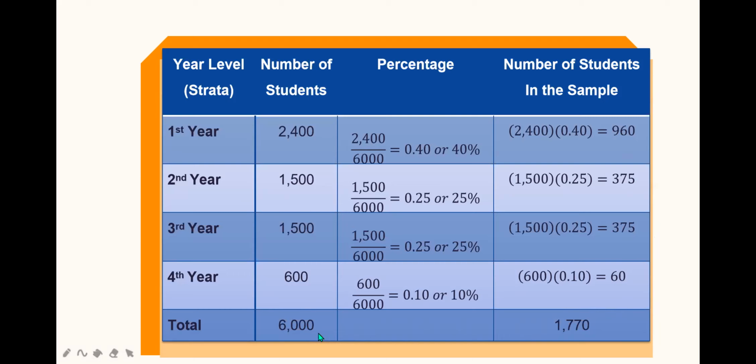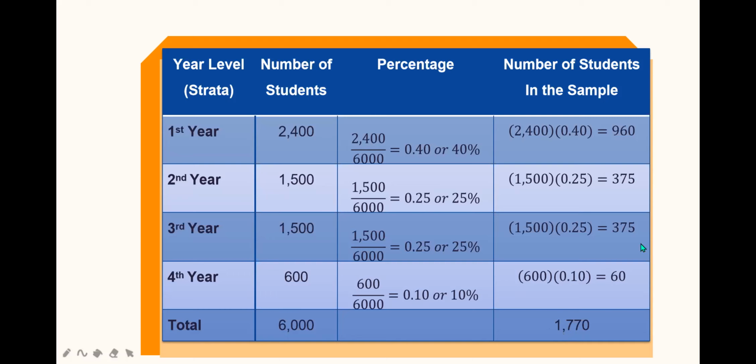If Mrs. Buson is going to get the total number of 6,000 students, compared to just 1,770 students, the bulk of work of Mrs. Buson will reduce, by using probability sampling and by using the stratified random technique.